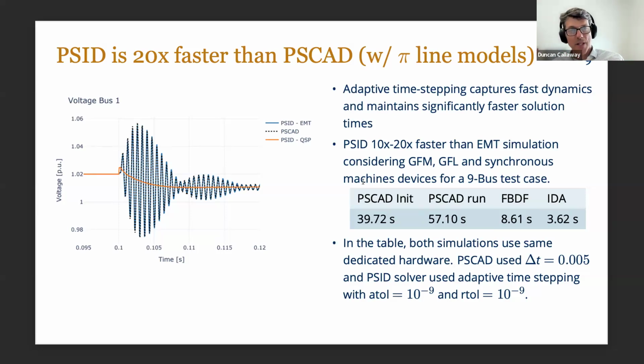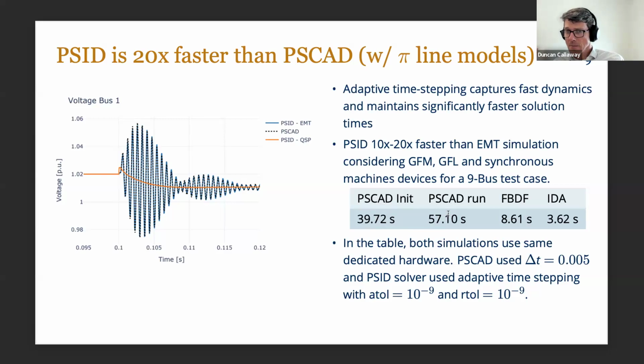But what's particularly interesting is that the solve happens for PSID much faster than it does for PSCAD. In this case, we've got adaptive time stepping that captures the fast dynamics and maintains a significantly faster solution time than PSCAD. Specifically, the total PSCAD run for this simulation was about 95 seconds.